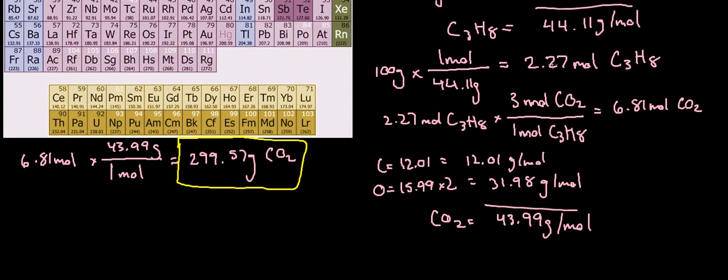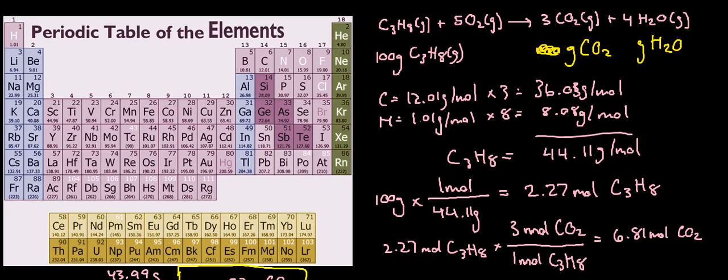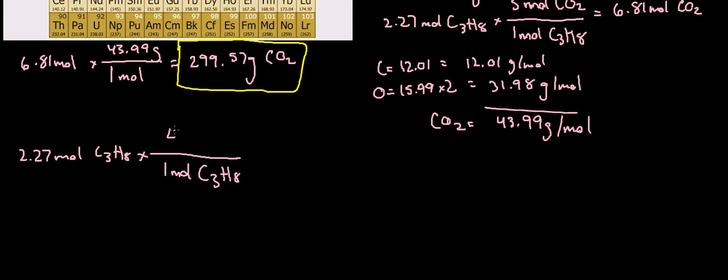I had 2.27 moles of C3H8, and for every mole of propane I have 4 moles of water. 2.27 moles of propane, for every 1 mole of propane I get 4 moles of water, which will mean that I have a total of 9.08 moles of H2O.